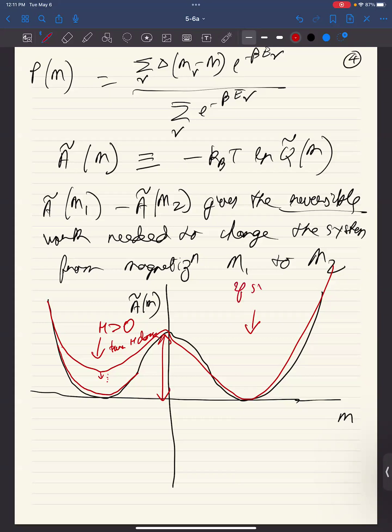If the system is prepared with H more than 0, spins lie in this basin, right? Everything is positive, the average magnetization is positive. And there is a barrier, let's call this A star. This barrier is stopping the system from going from the right side to the left side.